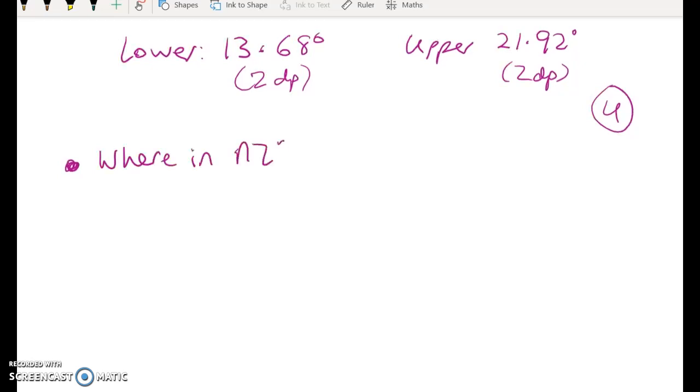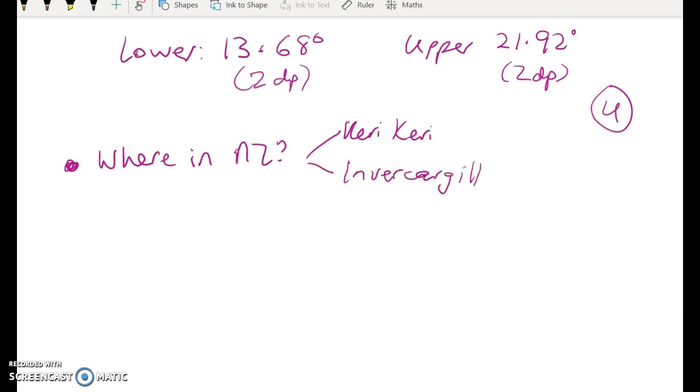The average of 17.8, if you think about somewhere up north, Kerikeri, or Invercargill, you're going to have quite a different model depending on those factors. Or you could just say north versus south. South Island will tend to be colder, although there are exceptions to that rule as well.